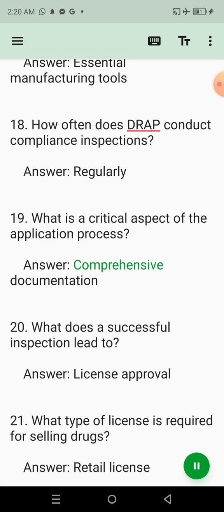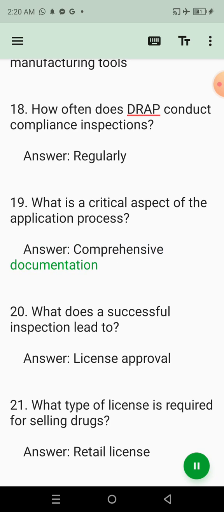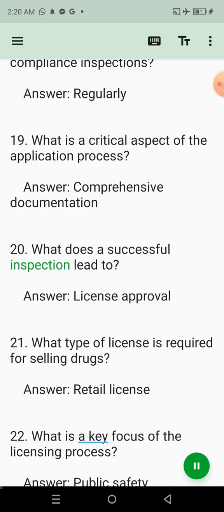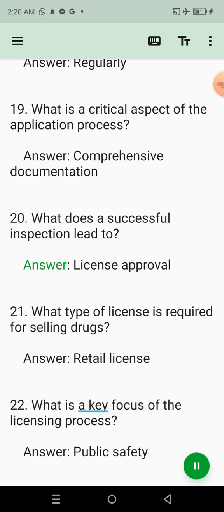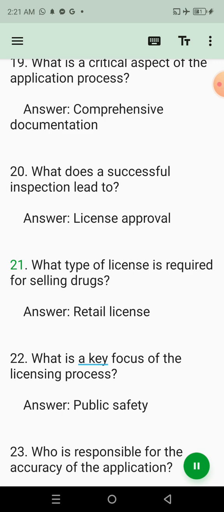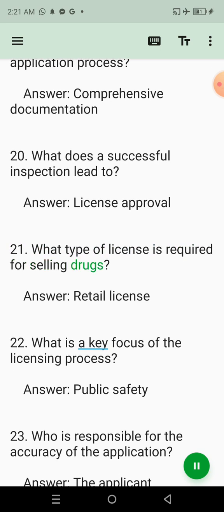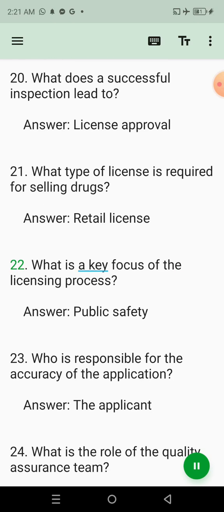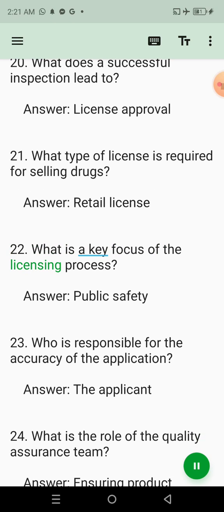Answer: comprehensive documentation. 20. What does a successful inspection lead to? Answer: license approval. 21. What type of license is required for selling drugs? Answer: retail license. 22. What is a key focus of the licensing process?